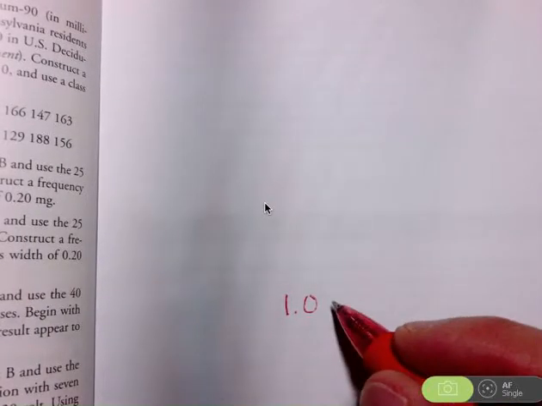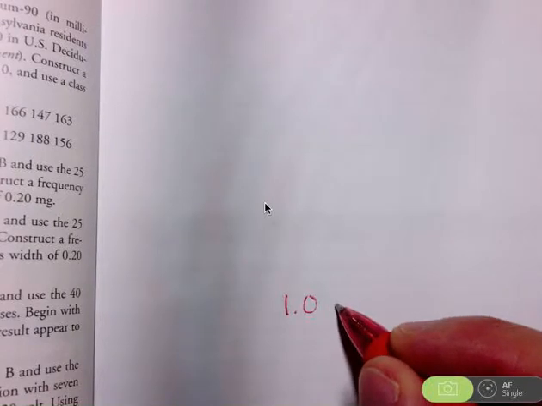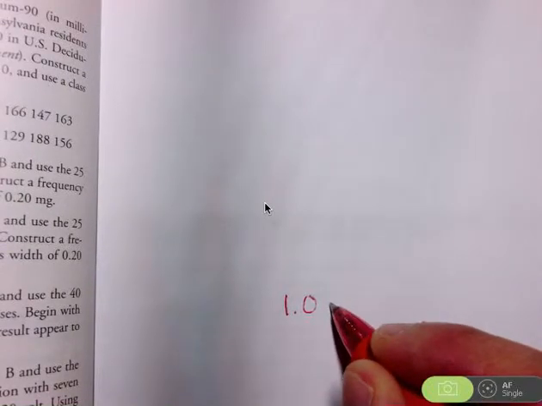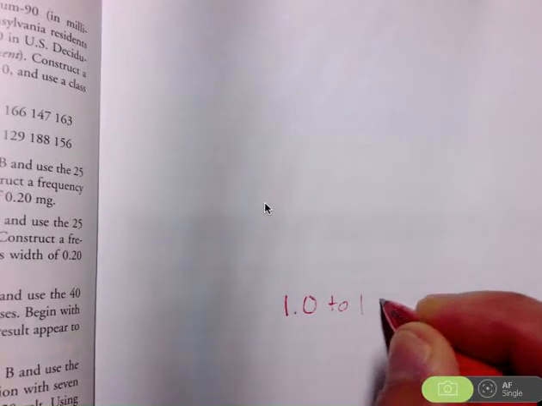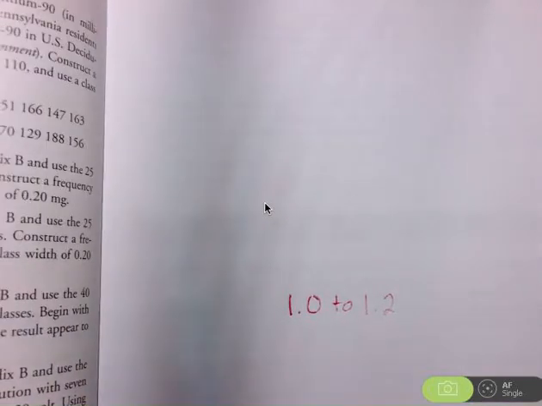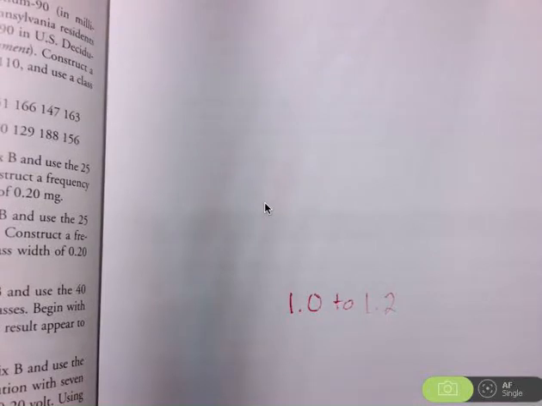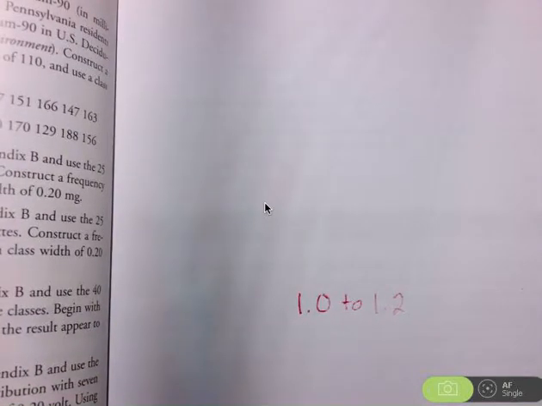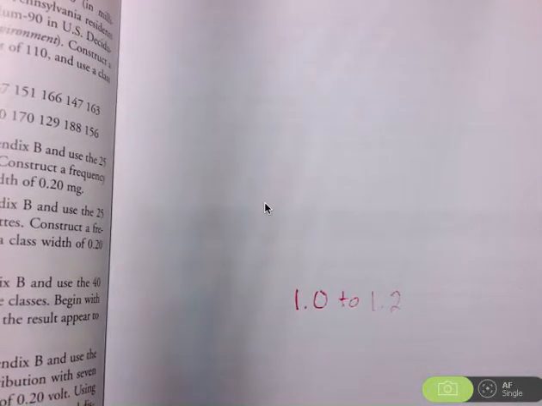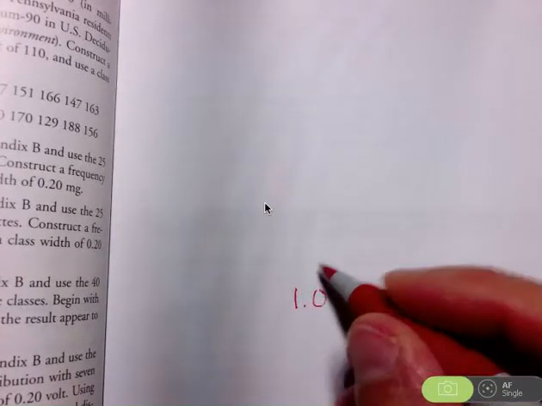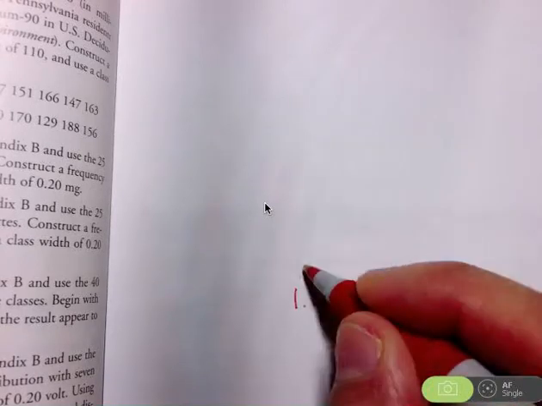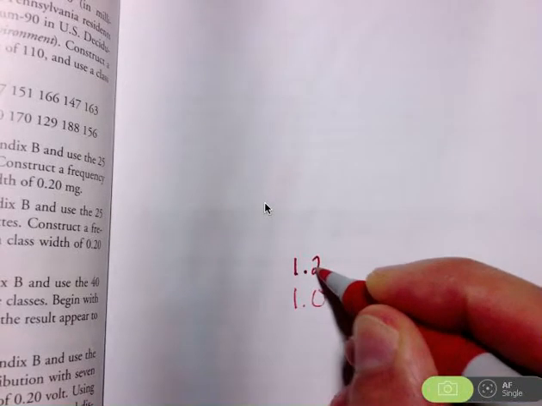So be careful, this is what you don't want to do. You don't want to go from 1.0 to 1.2. This is exactly what you don't want to do. Because notice what's going to happen here. If you go from 1.0 to 1.2, your next class is going to start at 1.21.